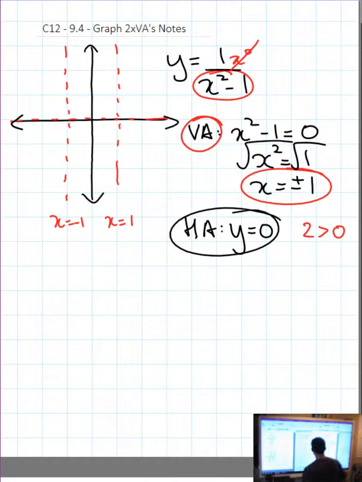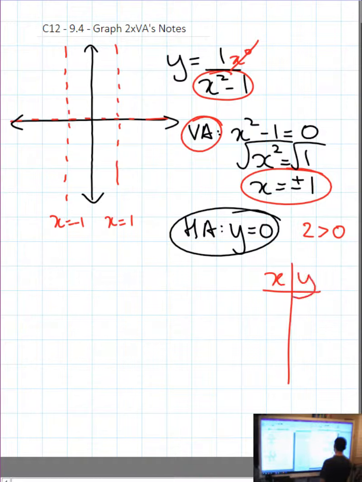And then we're probably wondering, what does the rest of the graph look like? Well, we just want to do a table of values. So if I make a table of values, x and y, and just do some numbers, -2, -1, 0, 1, 2. I'm not going to do the substitution on the page. Feel free to do it on your graphing calculator.